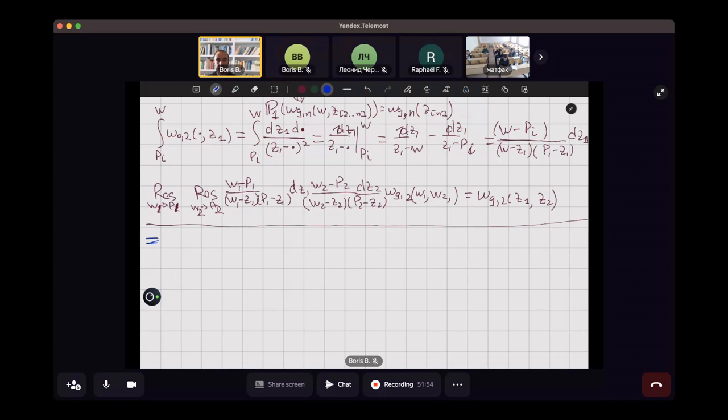Maybe let me write this instead of this integral. Let me write this expression. Yeah, maybe it will be more convenient.